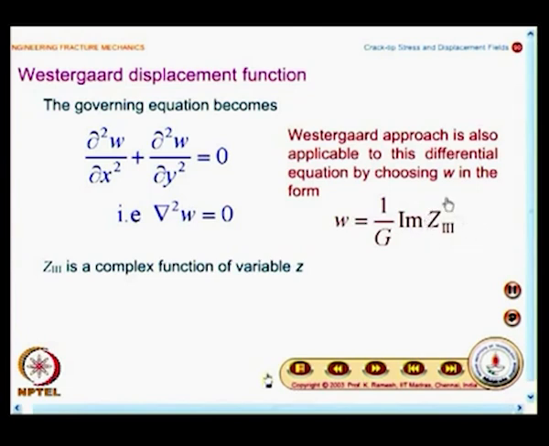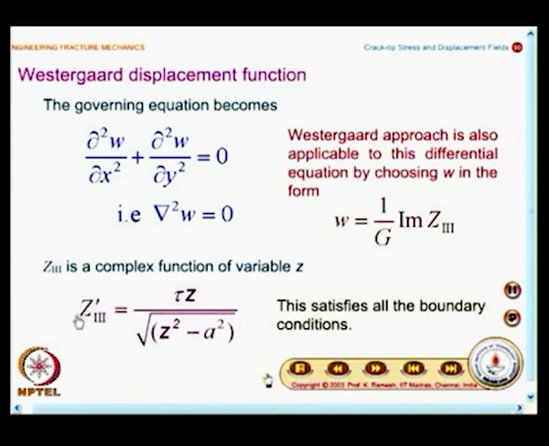We will not worry about Z3, but we would define what is Z3 prime, because that is what is useful to us. Z3 prime, which is the first differential of Z3, equal to tau divided by root of z squared minus a squared, very similar to what you had seen for mode 1, what you had seen for mode 2, same thing is appearing for mode 3. Some aspect of it is very similar.